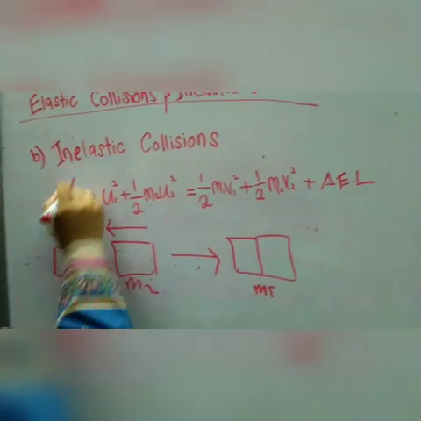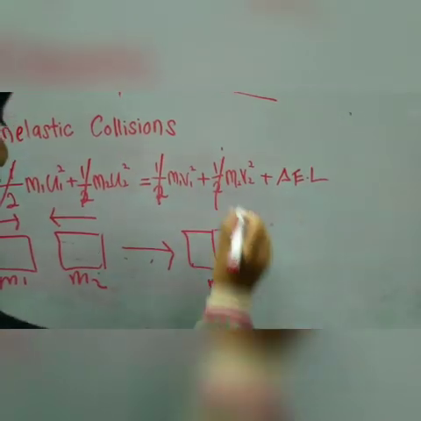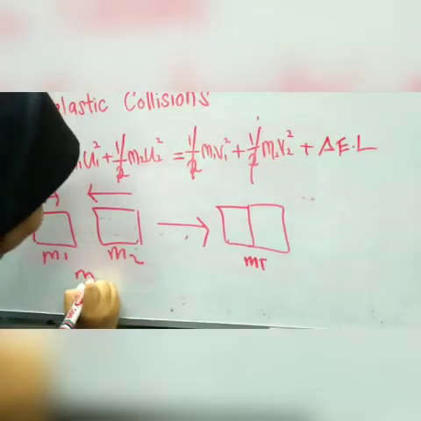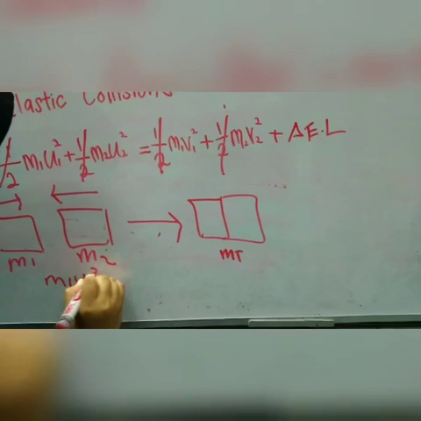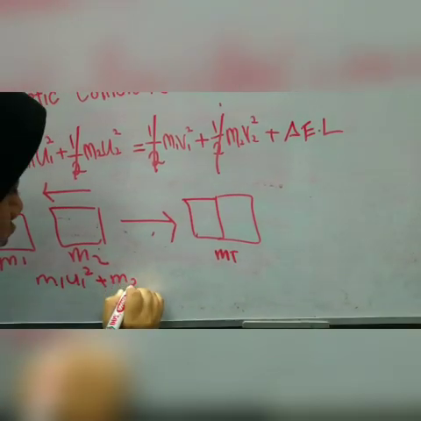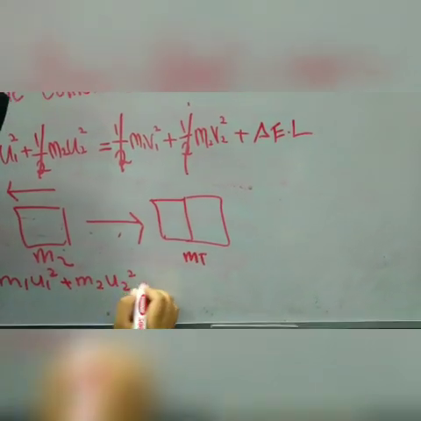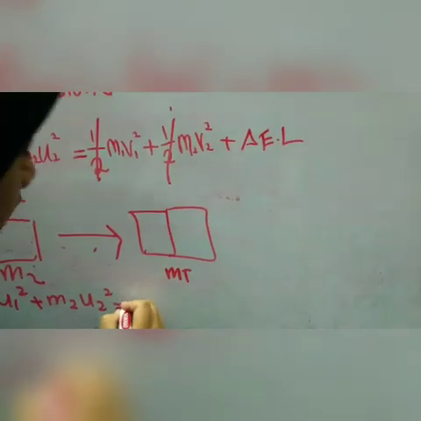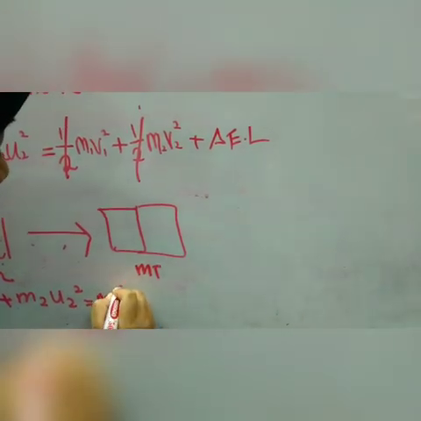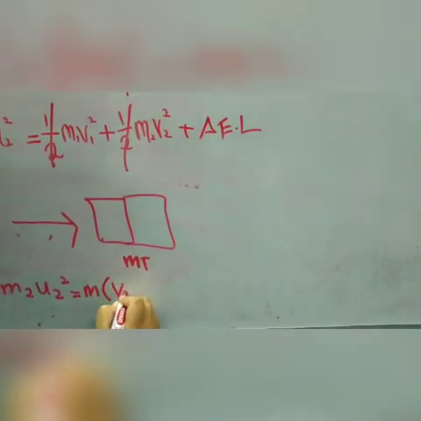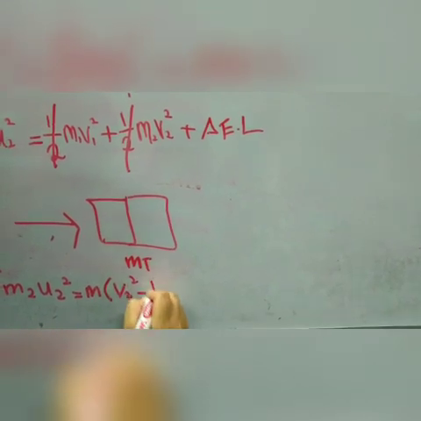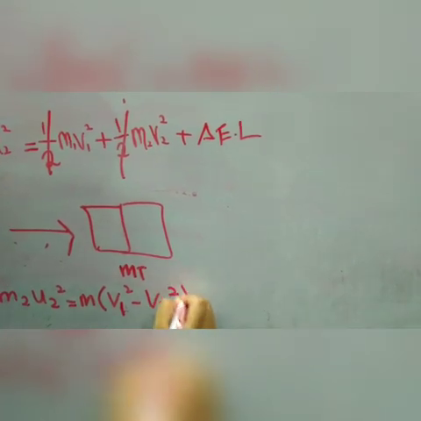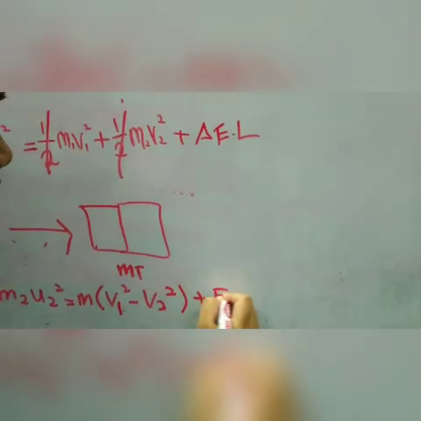We can cancel the 1/2, and with the total mass we get m1 u1 square plus m2 u2 square equal to the final terms plus energy loss.